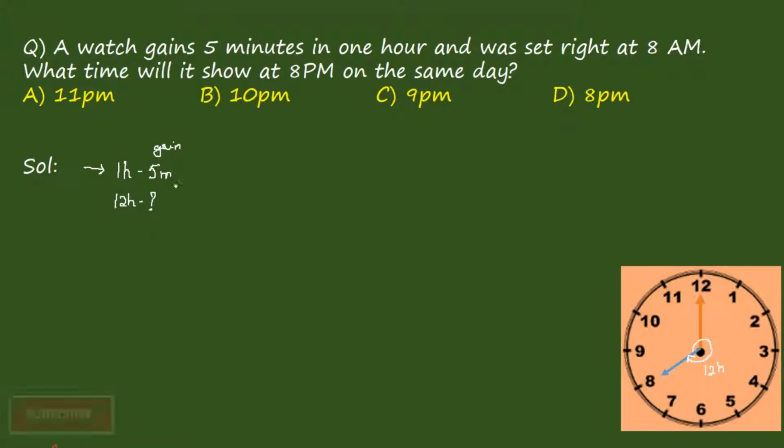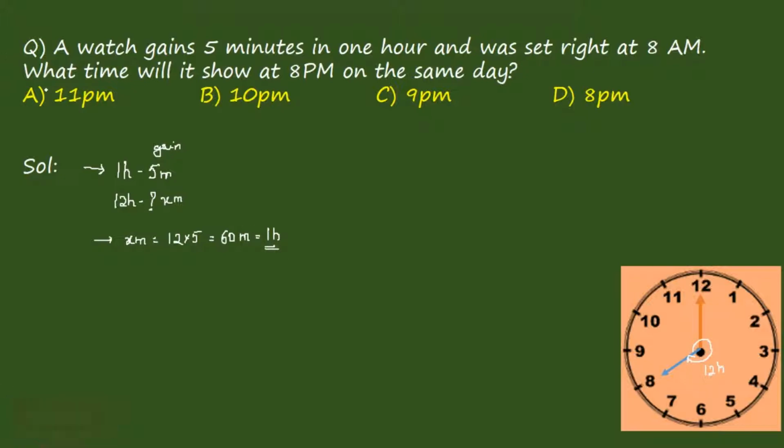Consider the gain as x minutes. Then x equals 12 into 5, which is 60 minutes, which is 1 hour. For 12 hours, it will be gaining 1 hour.